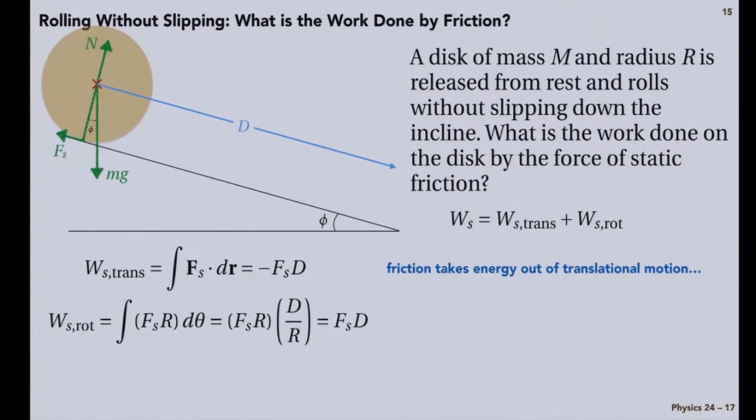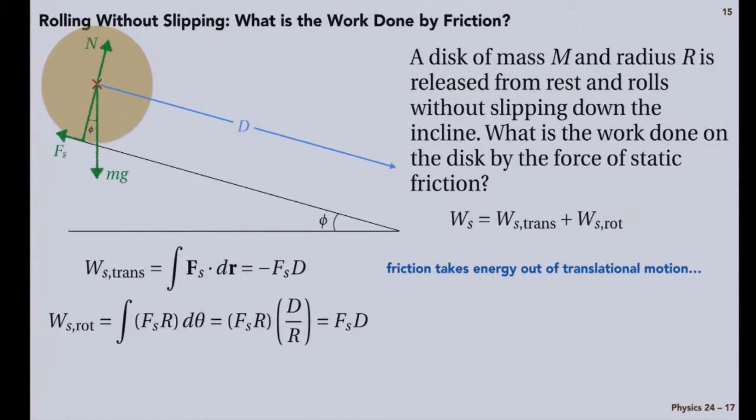As it rolls down, how much will the angle change? Well, it would be d divided by the radius. So the radius drops out, and we just get the force of static friction multiplied against d, which is exactly the same as this term.